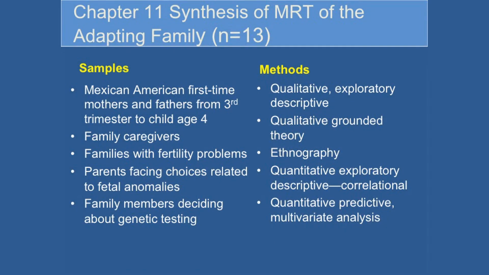The last chapter of Part 3 is Synthesis of Middle Range Theory of the Adapting Family. The authors selected 13 studies to synthesize this middle range theory. The samples included Mexican-American first-time mothers and fathers from the 3rd trimester to the child at age 4, family caregivers, family with fertility problems, parents facing choices related to fetal anomalies, and family members deciding about genetic testing.